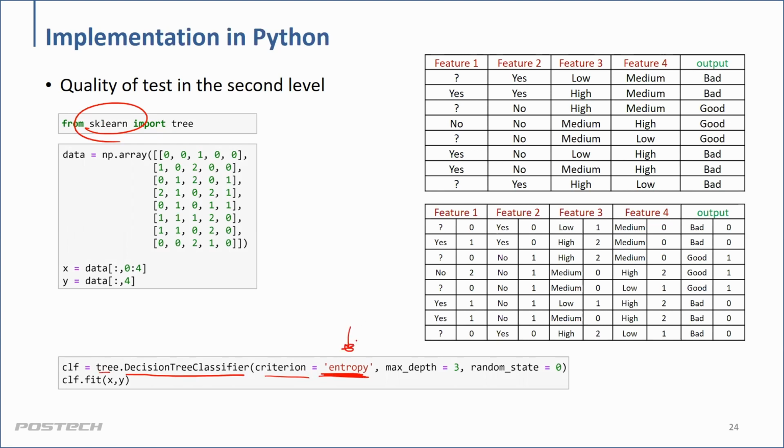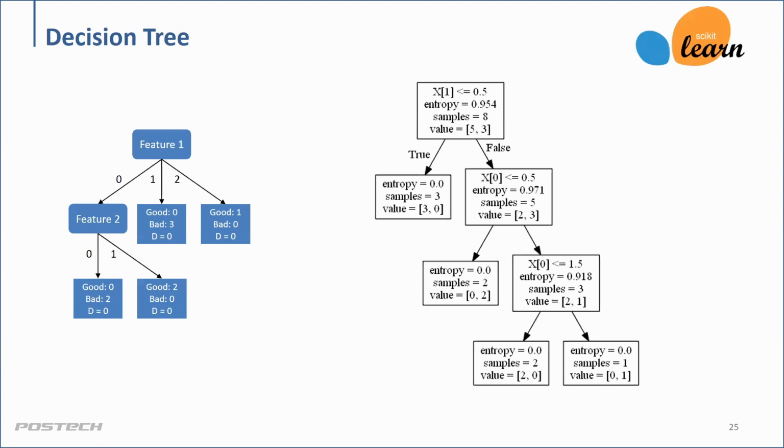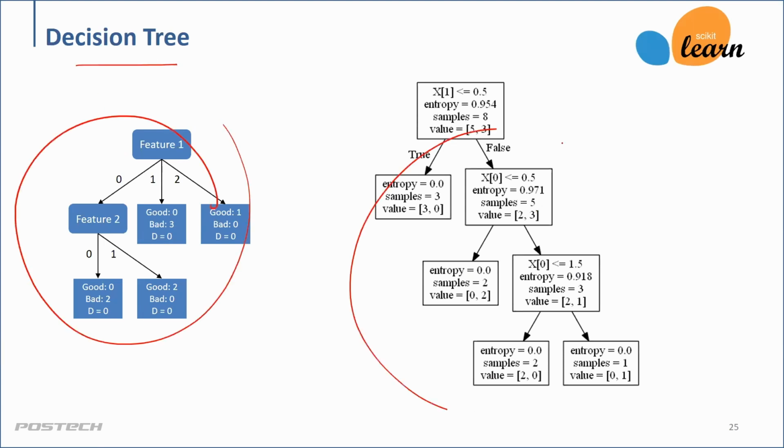There are many different options that you can pick, and for each criterion you can Google it. With maximum depth 3, you can design it and fit it, and that's what we got. This is what Python provides for us.